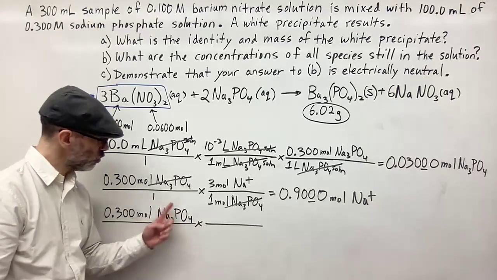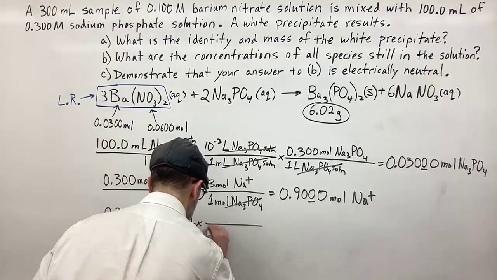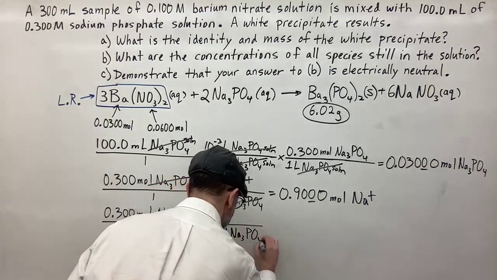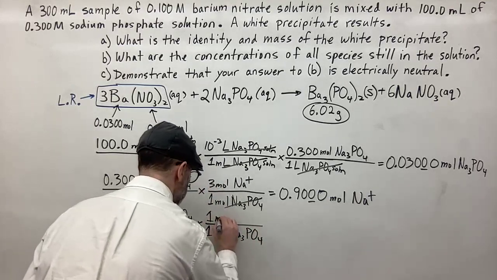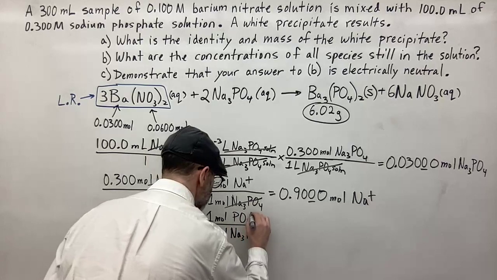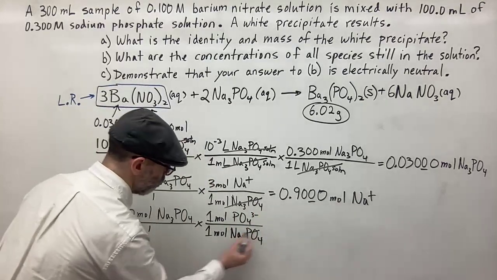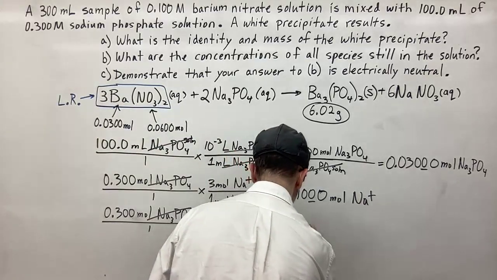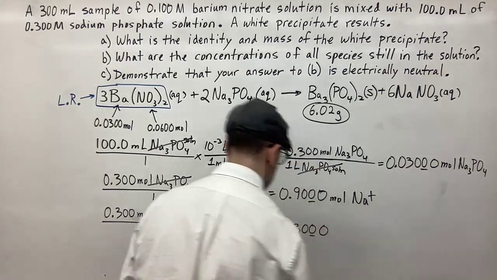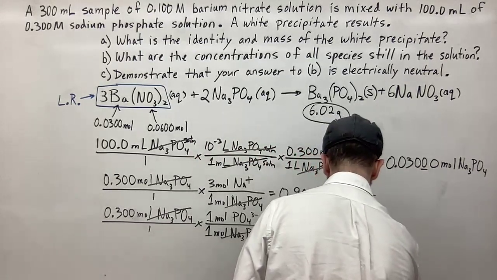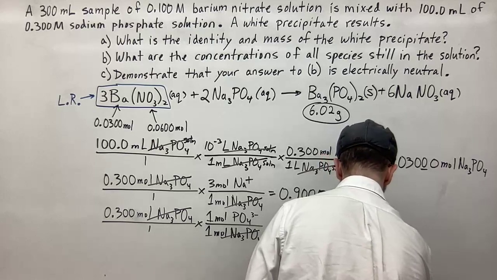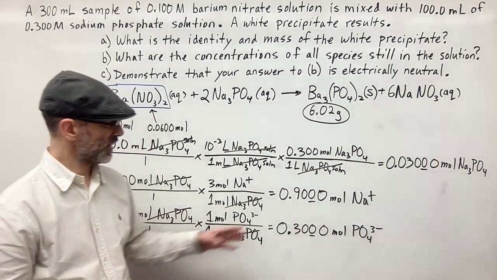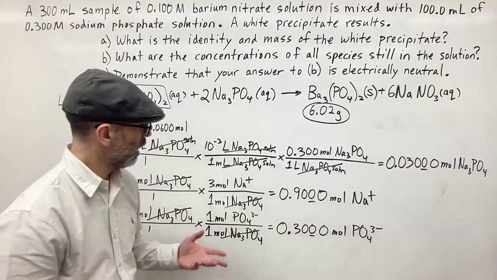So on the bottom, I'm going to put 1 mole of the sodium phosphate and 1 mole of the phosphate ion on top. So the moles of sodium phosphate cancel out. So it's 1-to-1. So this is going to give us 0.3000 moles of phosphate ion. And again, I'm just putting an extra 0 just to avoid rounding mistakes. But I mean, you don't really need it.